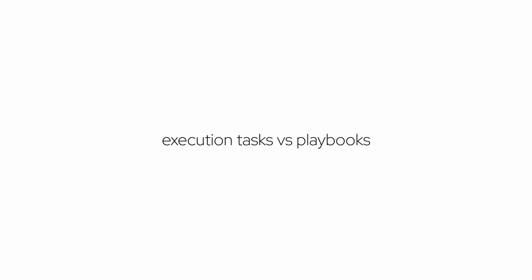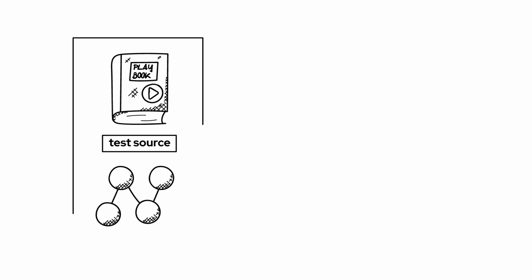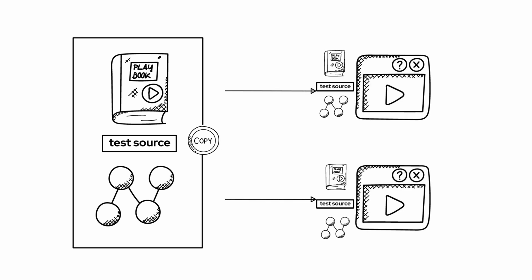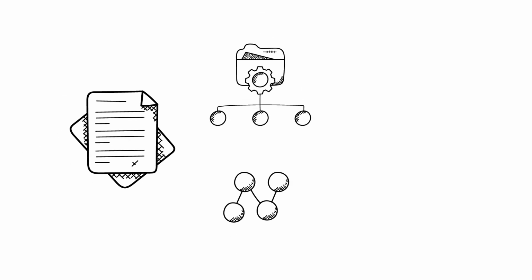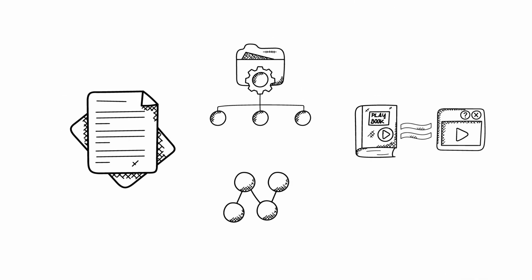When executing a playbook, the test source and dependencies are copied to the generated test execution tasks. The definition of test source and dependencies is almost exactly the same in playbooks and execution tasks, but there are some small differences.